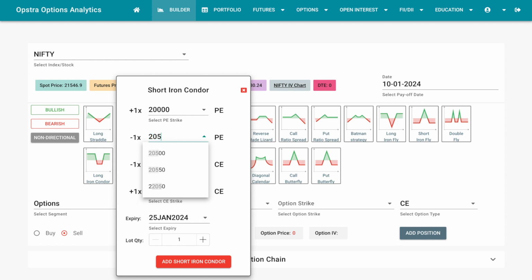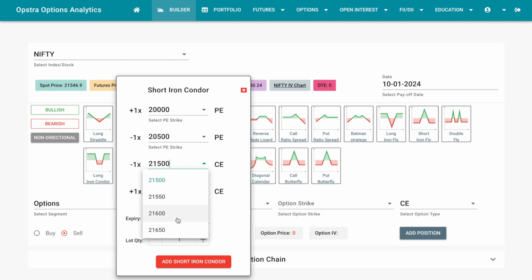This will be 20,500 PE, and here it will be 21,000, 21,500 CE. This is not looking so fair because we are sitting at 21,500, so we'll have to actually start selling like 500 points away, which is 1,000 points away. So it is 22,500, 1,000 points away, and 23,000 will buy it.